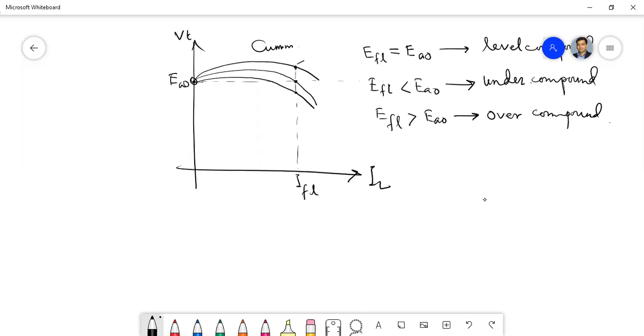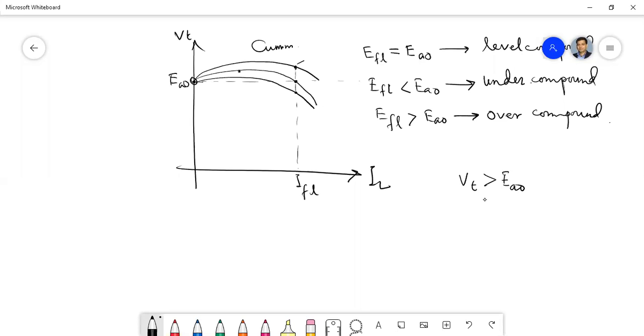Remember, for level compound, initially you will get an increase in the armature voltage. So at some point, the terminal voltage can be more than the no load voltage.